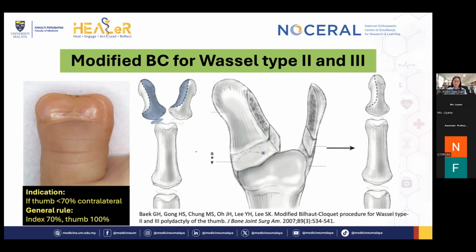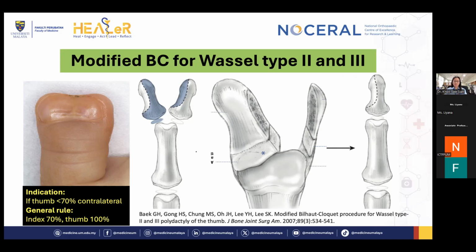So this is a combination procedure where you combine 2 distal phalanges together, compared to the original Bilhaut procedure, where they combine at the joint level, right at the center. That causes more problems like nail ridges, and it doesn't look pleasing.